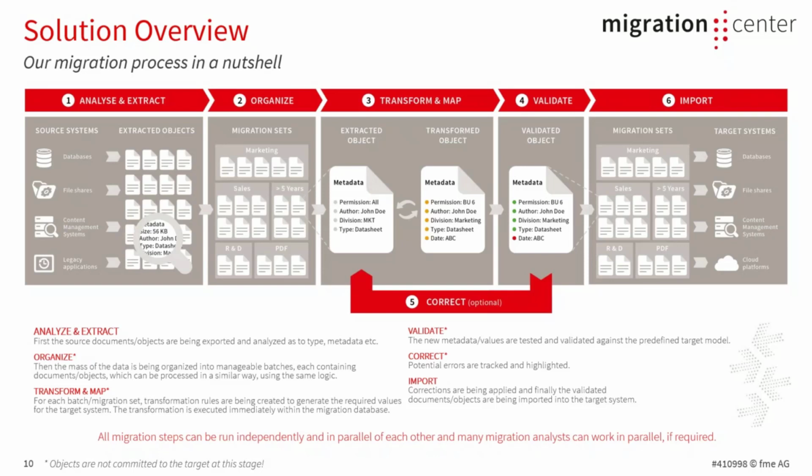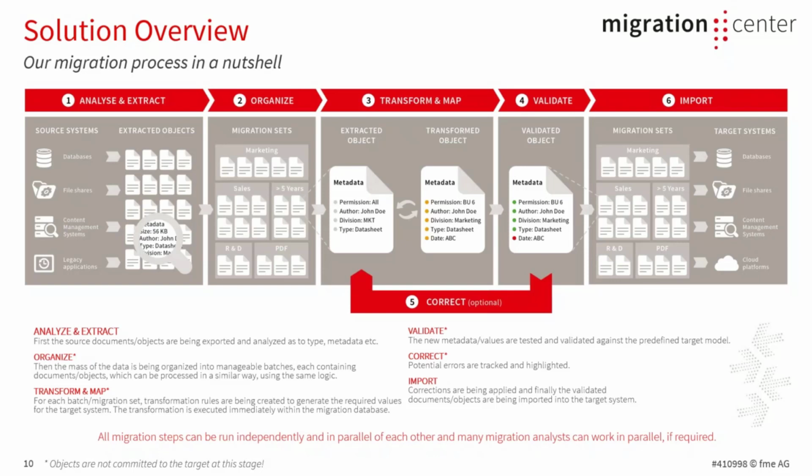That means we connect to the systems, we extract all the metadata information we need for the migration, and based on that information, we can start a kind of review, just to see what kind of metadata exists in the source systems, and to use that information later on to define the transformation and mapping rules to migrate or to map the old context of a document to the new context in the new system.